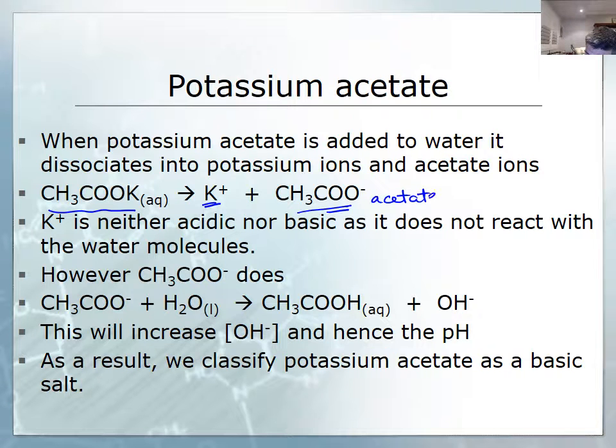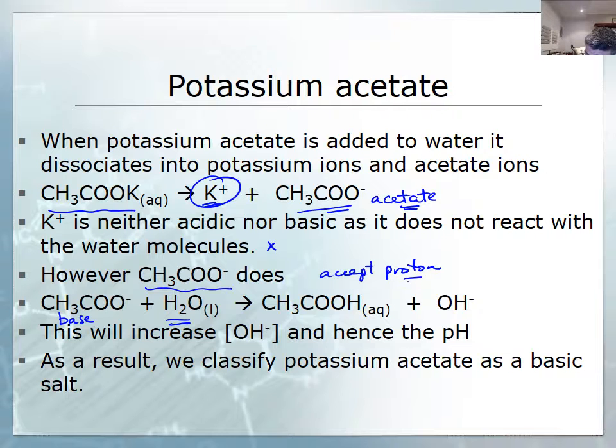Now the interesting one here is the acetate ion. The potassium doesn't really do very much to the pH of the solution, so it's not something that we need to worry about. It's not going to be a factor. But the acetate does. When it interacts with water, it acts as the base that it is. And because it is a base, it will accept a proton.